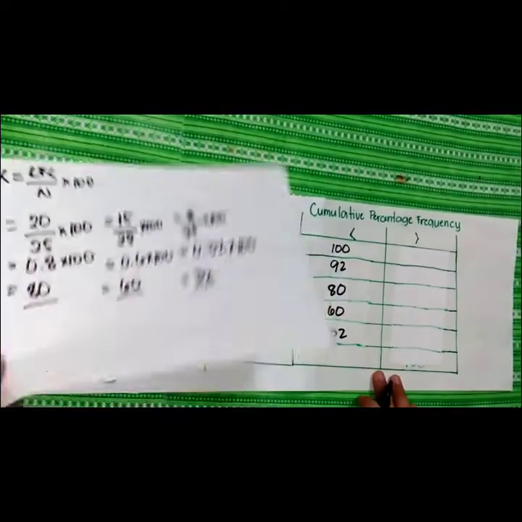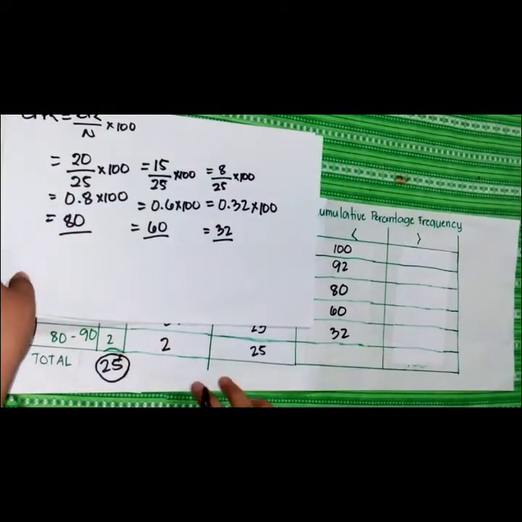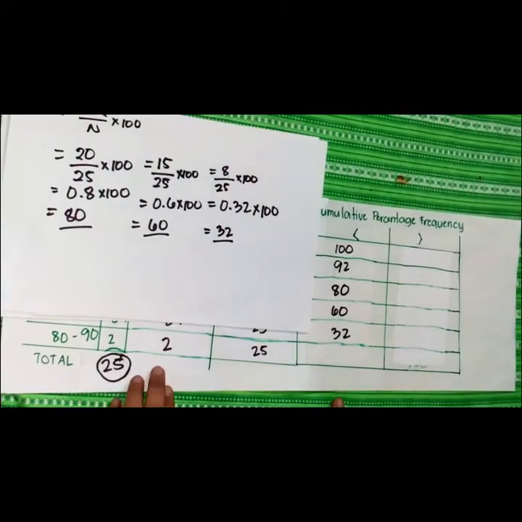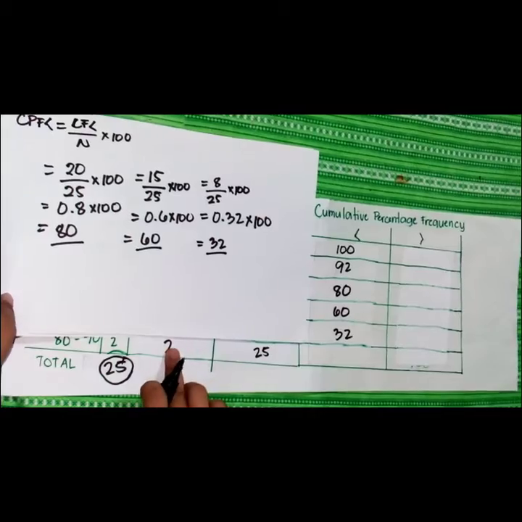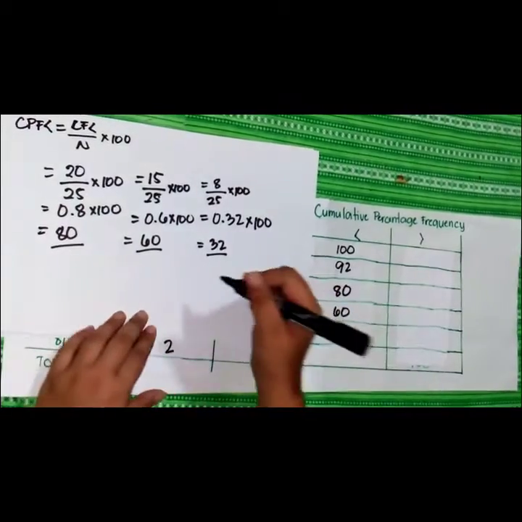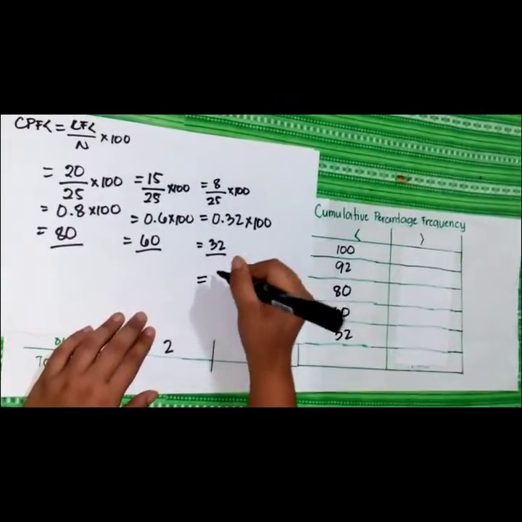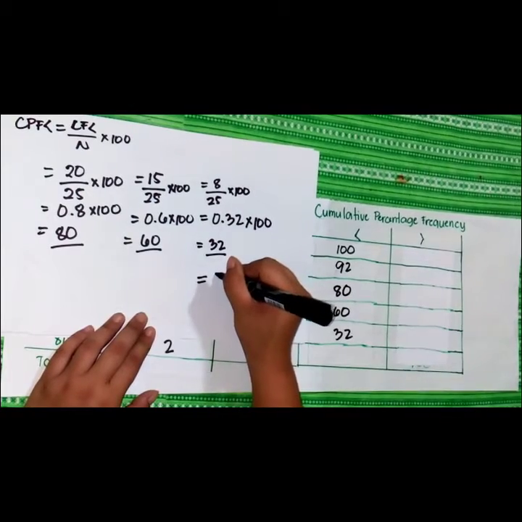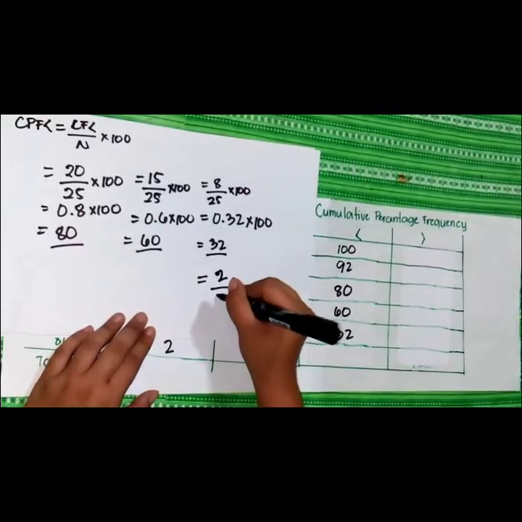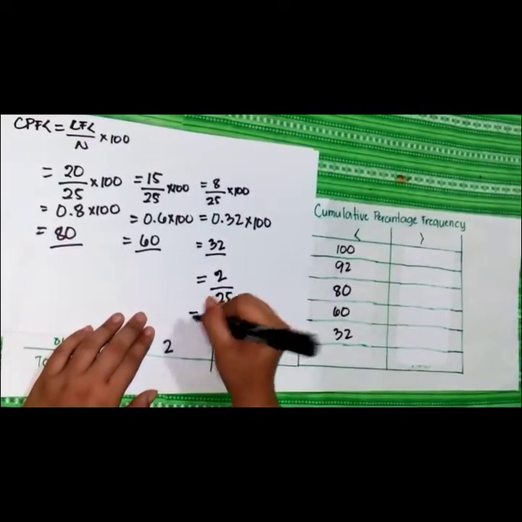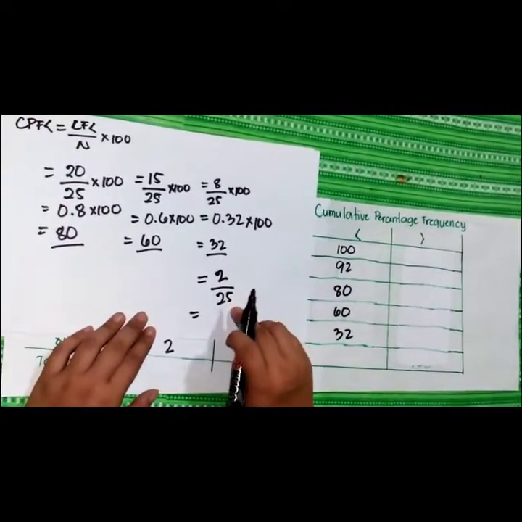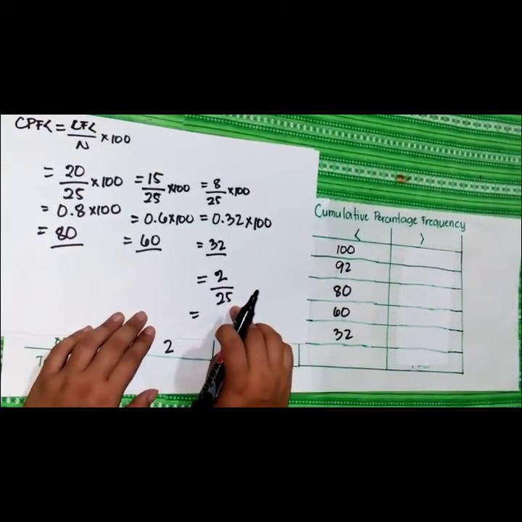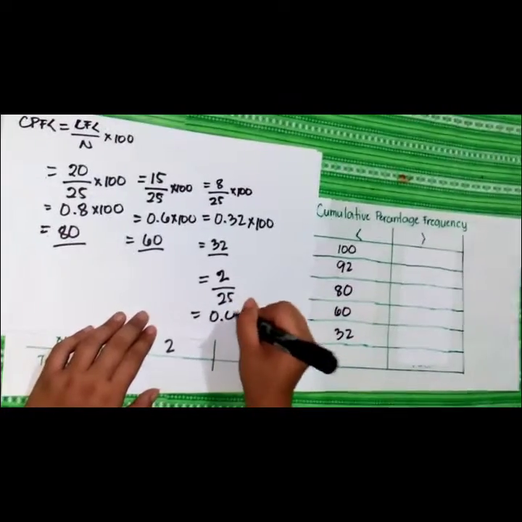So in our cumulative frequency in the last row, we have a number of 2. So we are going to write 2 again. So we have a CF lesser than of 2, and we have a number of cases, 25. So 2 divided by the number of cases, 25, is equal to 0.08.